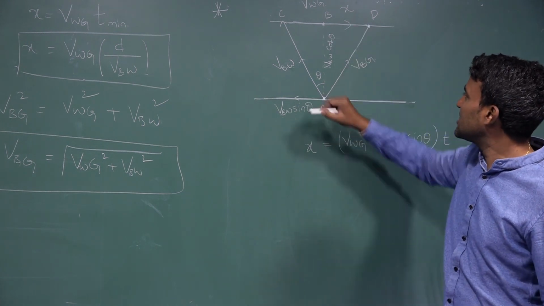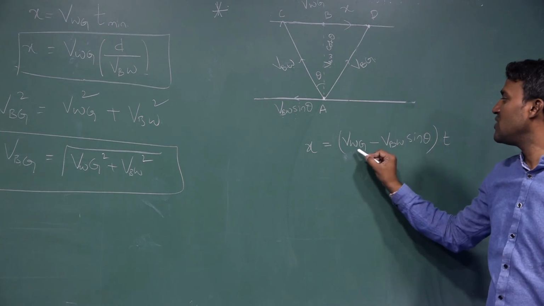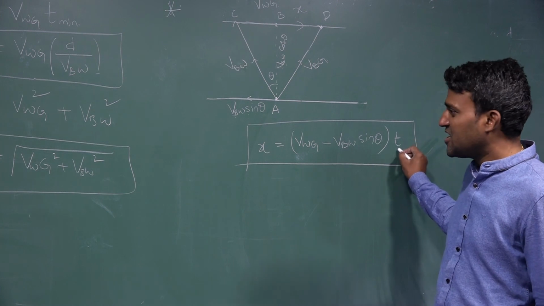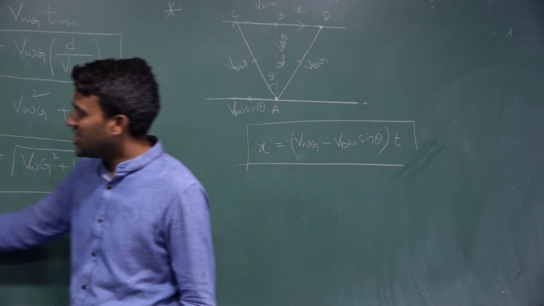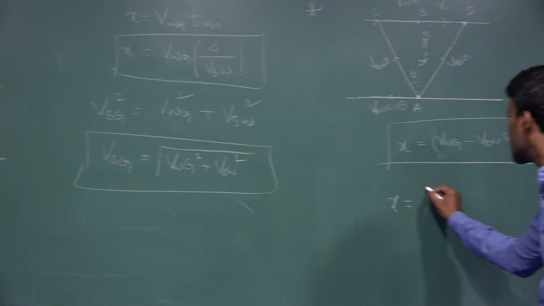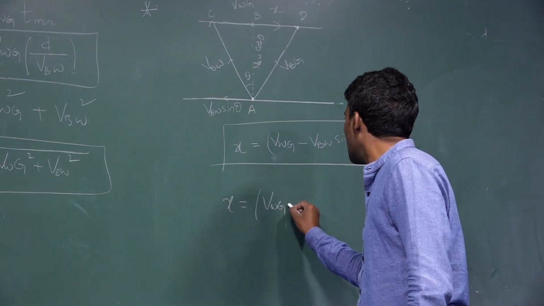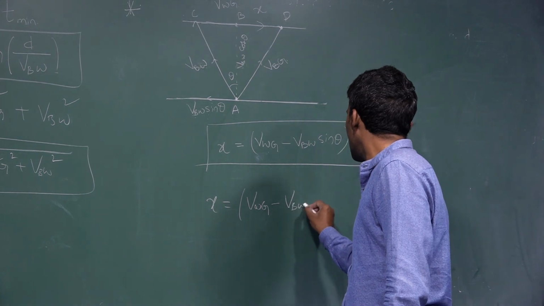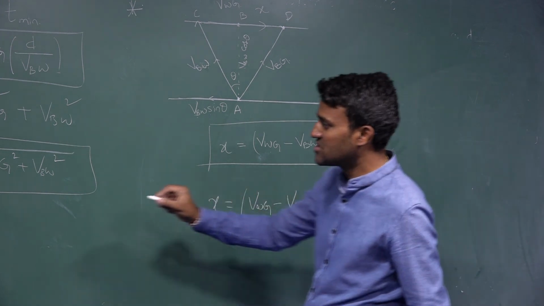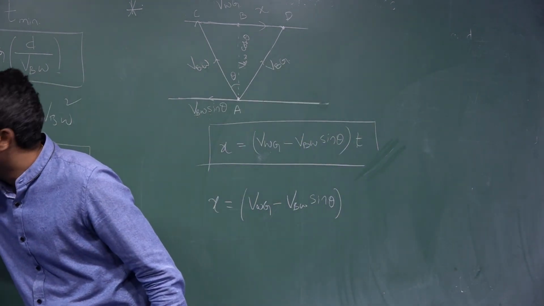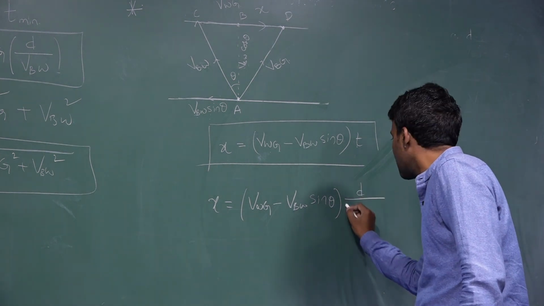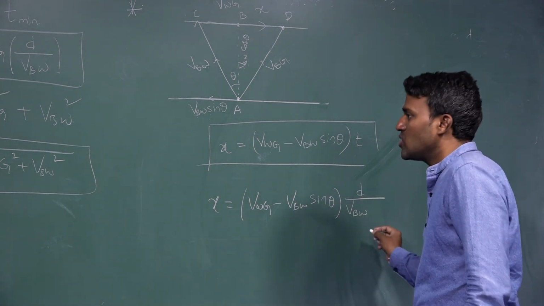So the resultant is x is equal to VWG minus VBW sin theta, into t. Now what is t here? Already we calculated from this equation, t is equal to d divided by VBW cos theta.